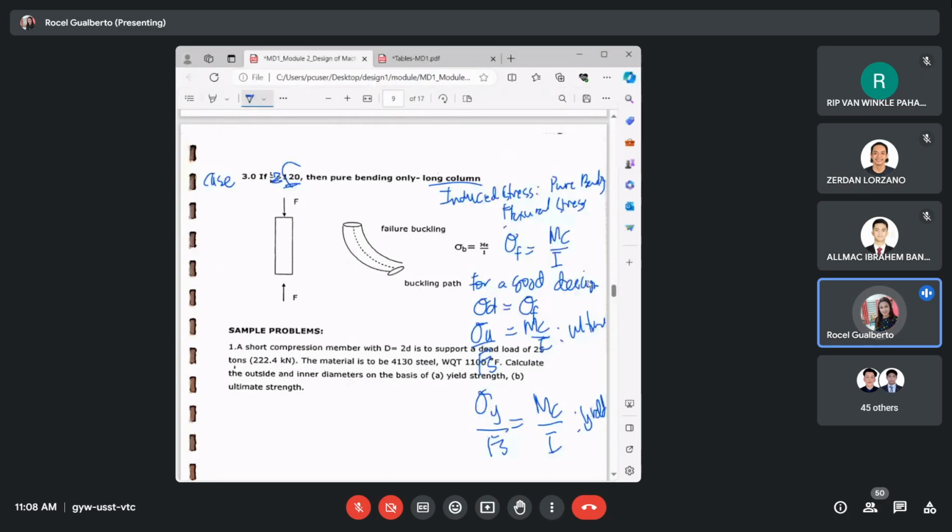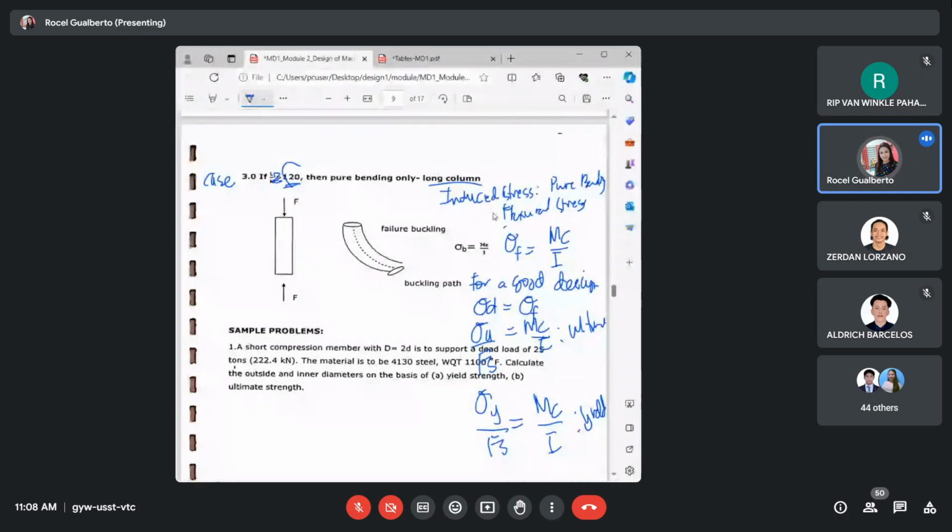Okay? So, ano po na itong column. That is case 3 when slenderness greater than or equal to 120. Okay? So, meron pa tayong additional po dito pag nandun na po tayo sa topic na yon.